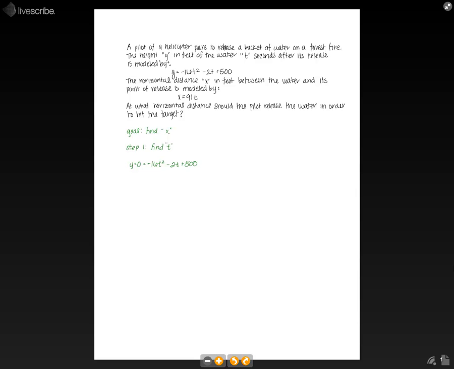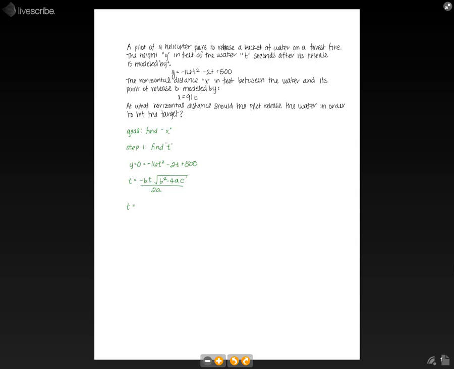So to solve this, let's use the quadratic equation. So we're going to have t equals negative b plus or minus the square root of b squared minus 4ac all over 2a. Alright, so let's plug in our coefficients here.